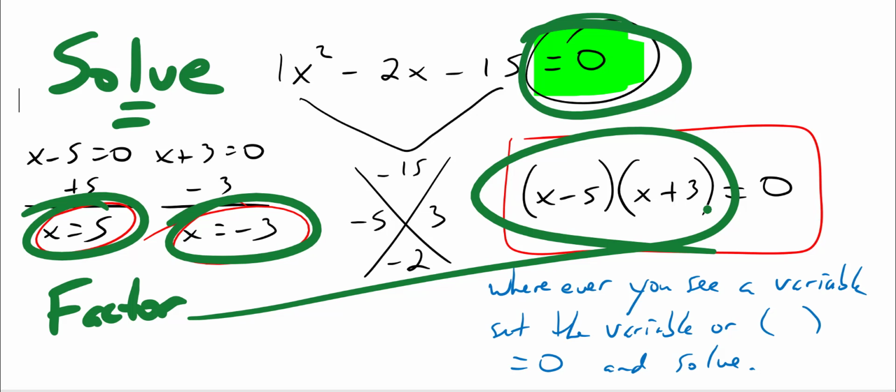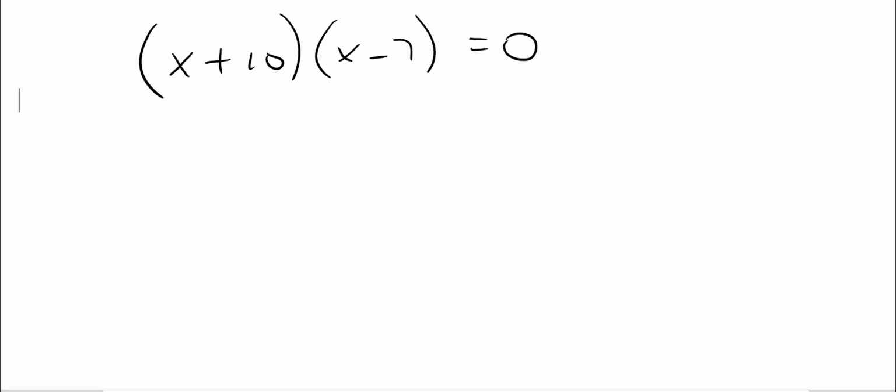Sometimes you are given a problem where it's already factored for you, which is really nice. It's like a nice little friendly gift. If I said x plus 10 times x minus 7 equals 0, this is like a gift because it's already factored for you, and again, it'll say solve. Please don't FOIL this out.